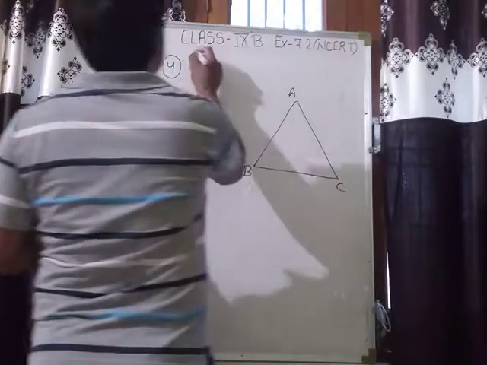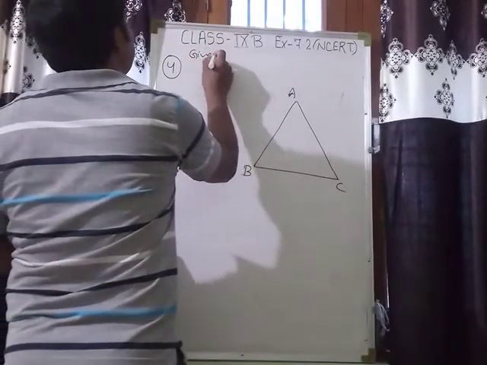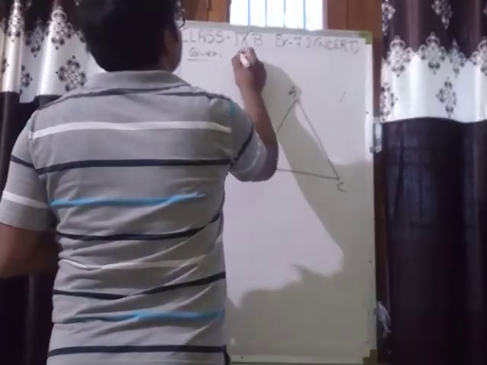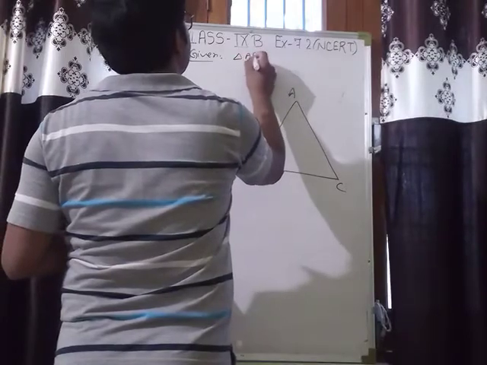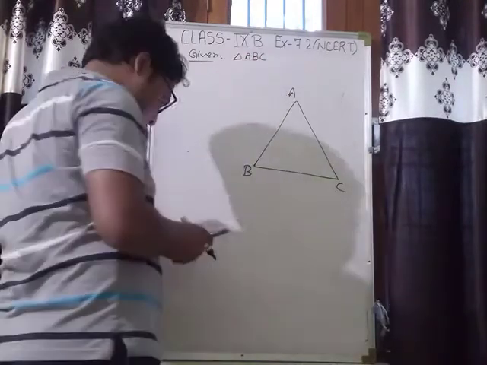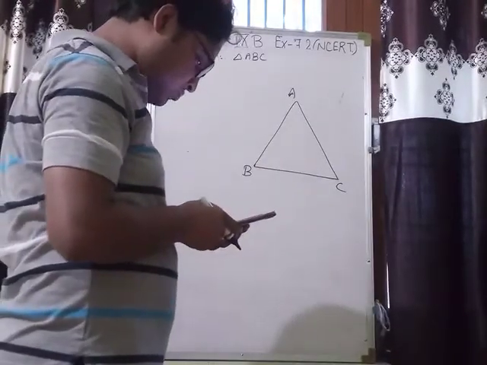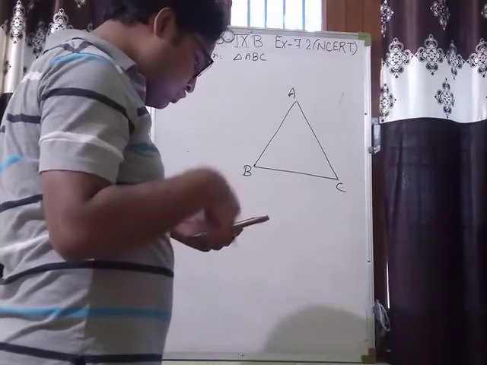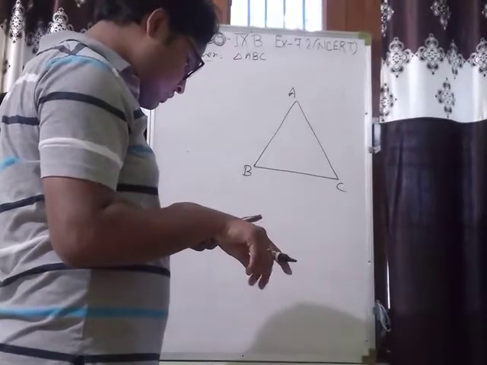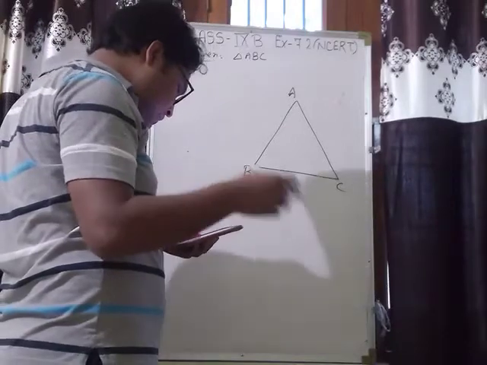So what is given? Triangle ABC, in which altitudes BE and CF are drawn on the sides AC and AB.